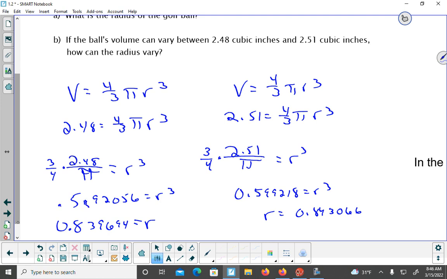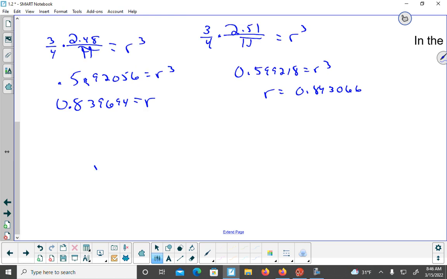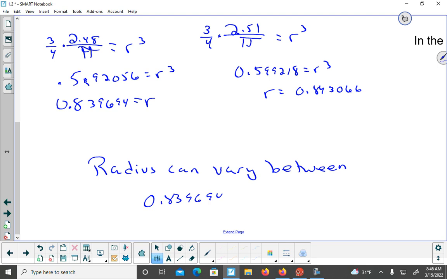So my radius can vary between 0.839694 inches and 0.843.